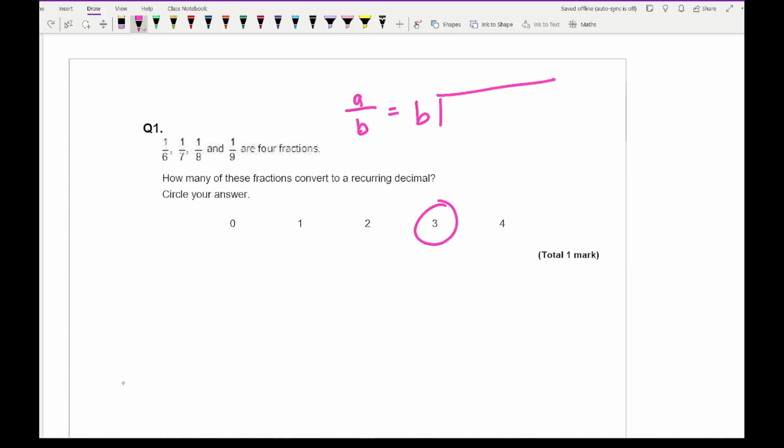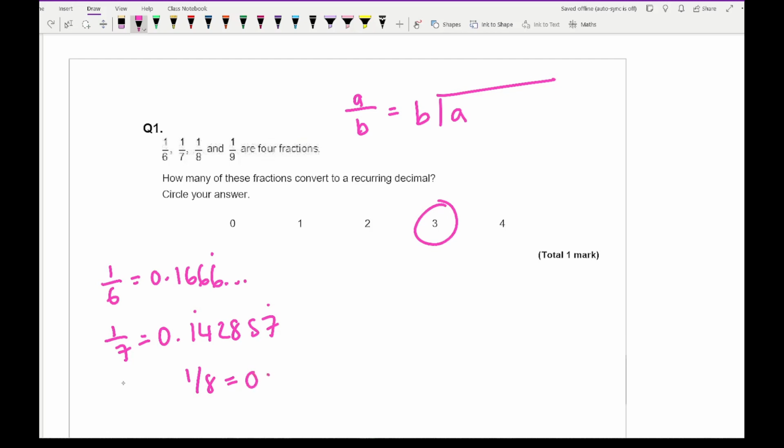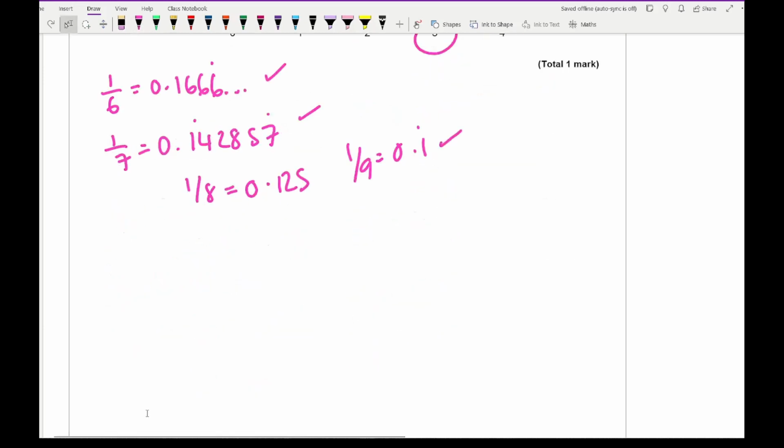One way is to convert them into decimals by using the bus stop method. 1/6 is 0.1666 recurring. 1/7 is 0.142857 recurring. 1/8 is 0.125 and 1/9 is 0.1 recurring. So 3 of them are recurring decimals.